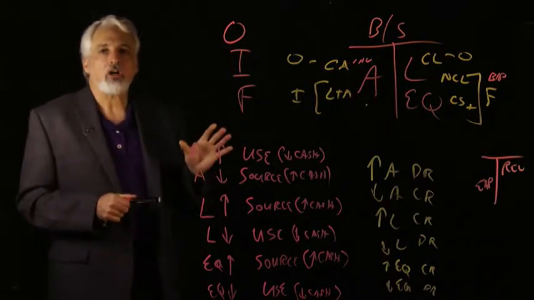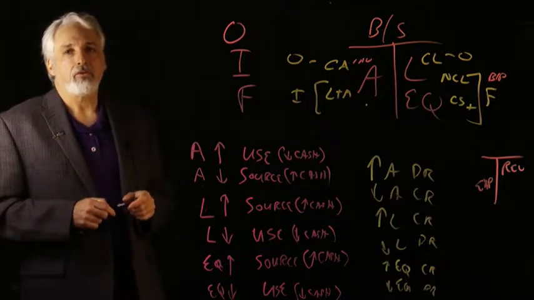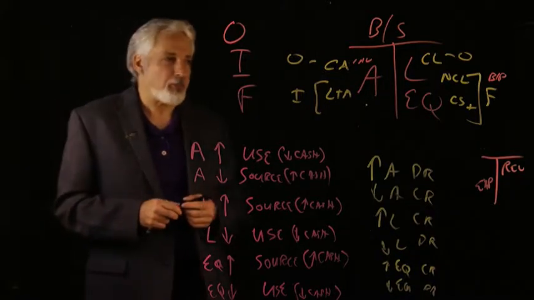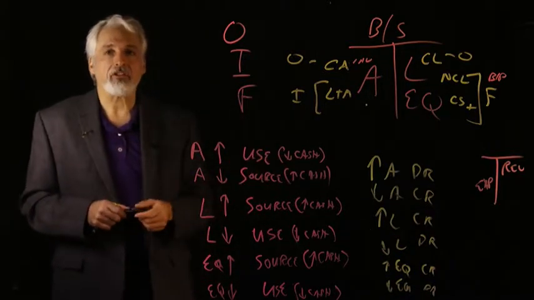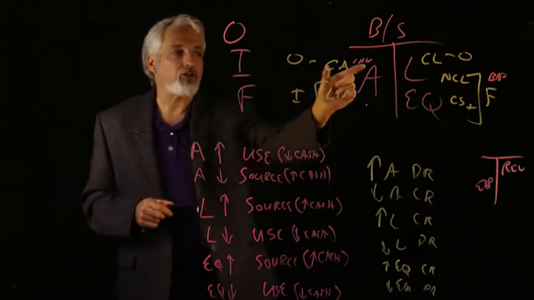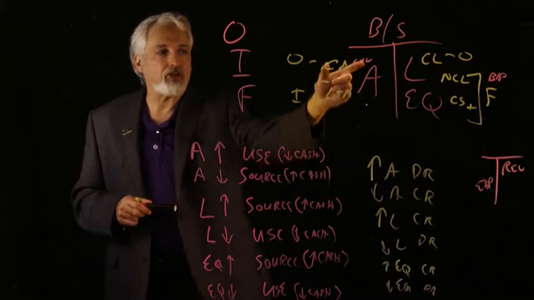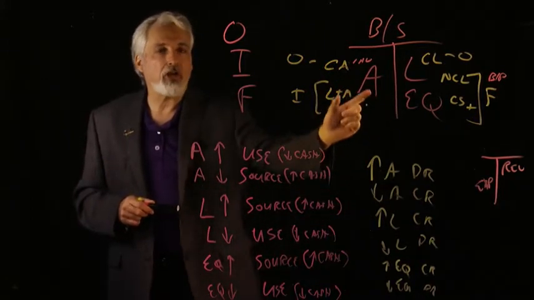This is almost all you need to know to prepare a cash flow statement using the indirect method. Almost, I say. We're almost there. But this is the key. This is the core. Because you're going to analyze your change in receivables, change in inventory, change in prepaids, change in current assets, change in non-current assets.